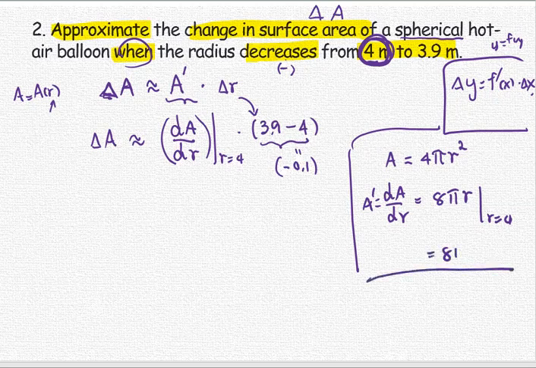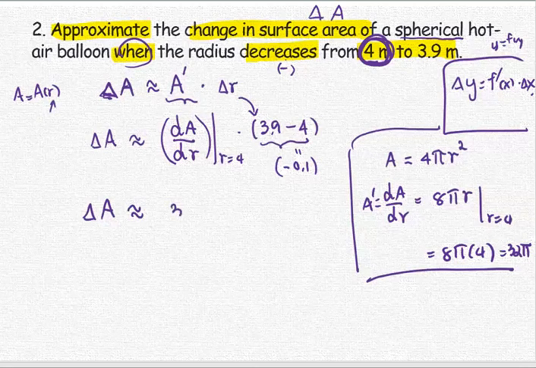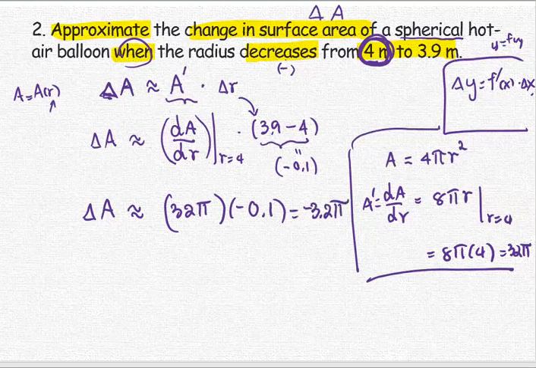We get 8 times pi times 4, or 32 pi. Then we bring it into the main part of the problem. The change in the area is approximately equal to 32 pi multiplied by negative 0.1, which is negative 3.2 pi.